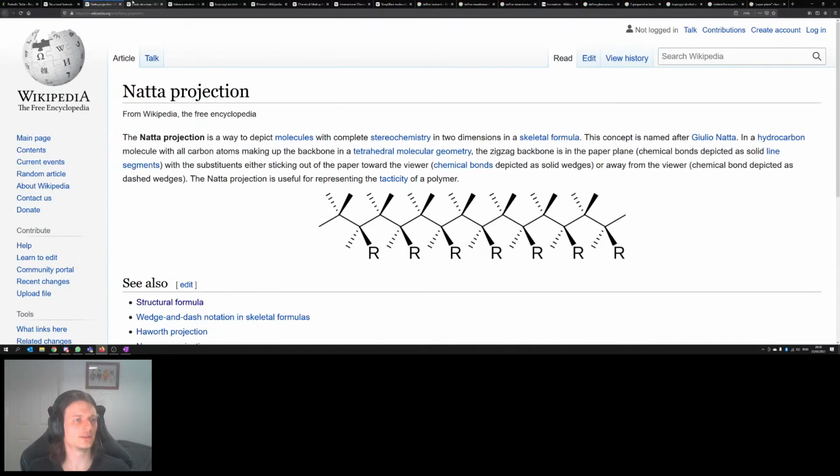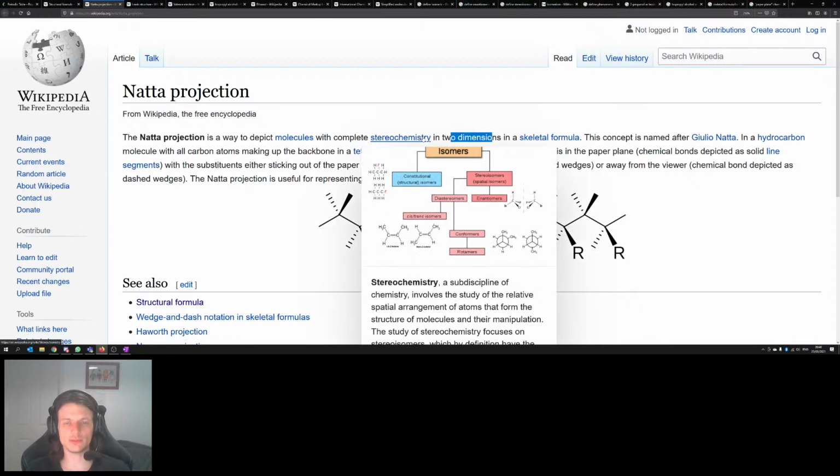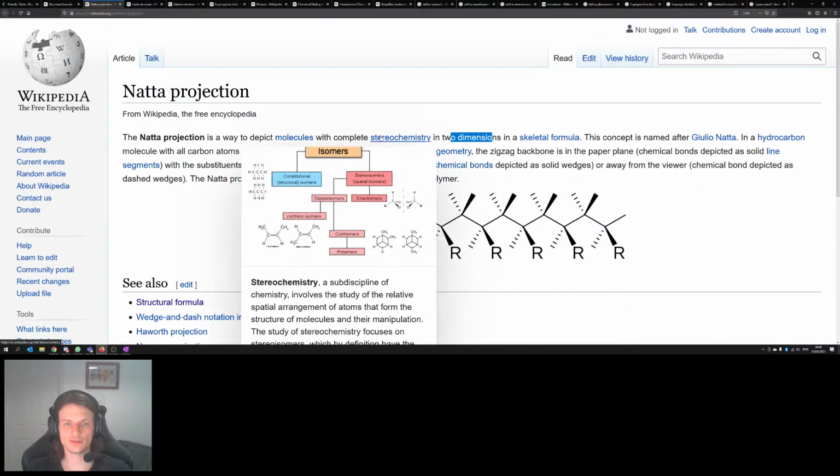Okay, fine. So skeletal formula is what we've just found now. So the Natta projection is a way to depict molecules with complete stereochemistry in 2 dimensions in a skeletal formula.